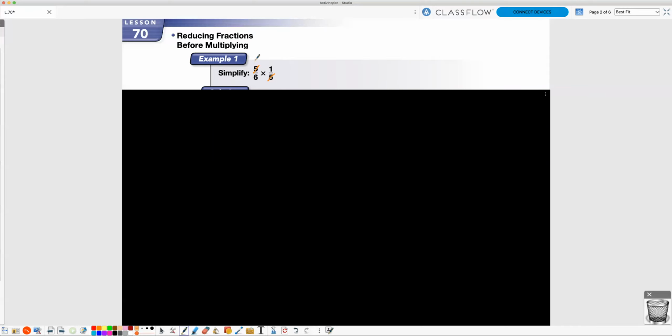They're both divisible by 5. 5 divided by 5 is 1. 5 divided by 5 is 1. You end up with 1 in the numerator and 6 in the denominator. This would be your final answer. That would have been the same as 5/30, but you would then have to realize, oh, I can divide this one by 5 and this one by 5, and I'd get 1/6.